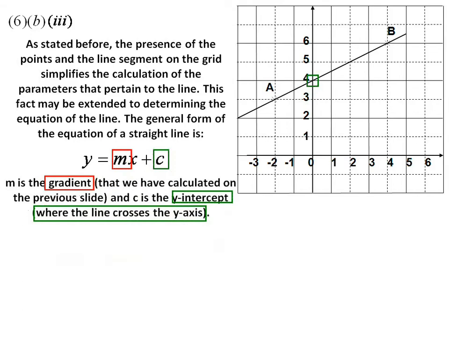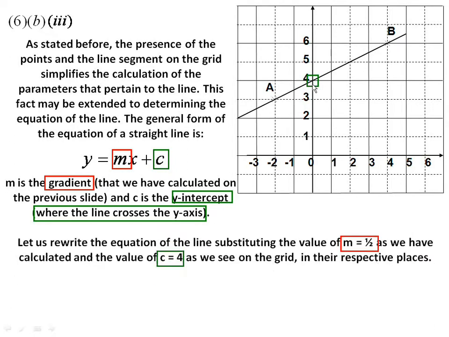M is the gradient that we have calculated on the previous slide, and c is the y-intercept, where the line crosses the y-axis, which is at 4. Let us write the equation of the line, substituting the value of m is equal to a half as we have calculated, and the value of c is equal to 4 as we see on the grid in their respective places.